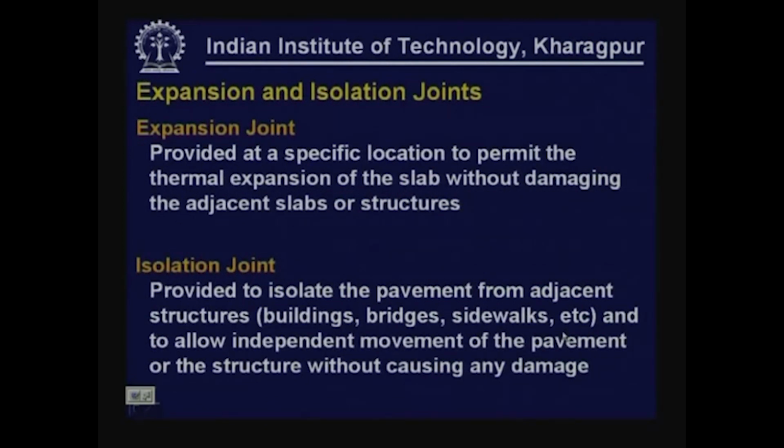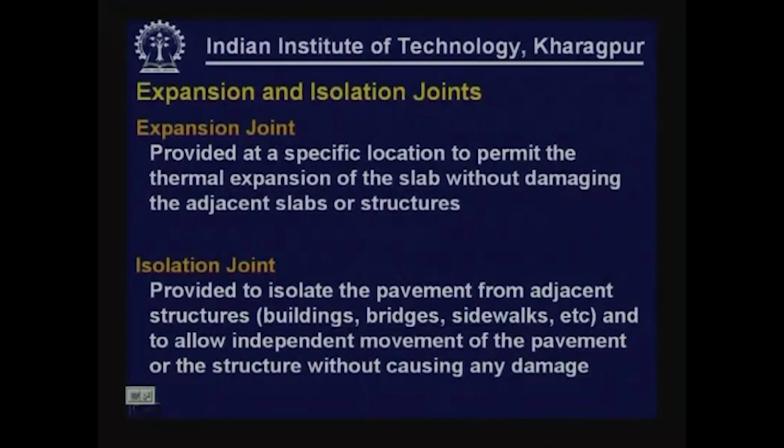We also have expansion and isolation joints. In general, they are similar in their function. Expansion joint is provided at specific locations to permit thermal expansion of slab without damaging the adjacent slabs or structures. Obviously, when temperature increases uniformly with reference to the temperature at which the concrete is placed, the concrete is going to expand.